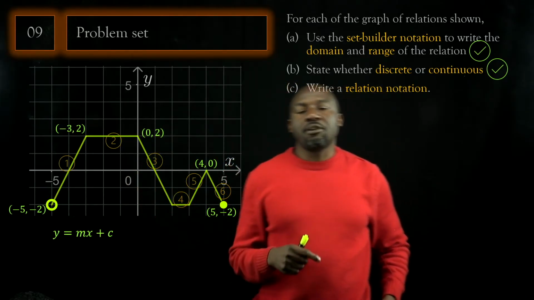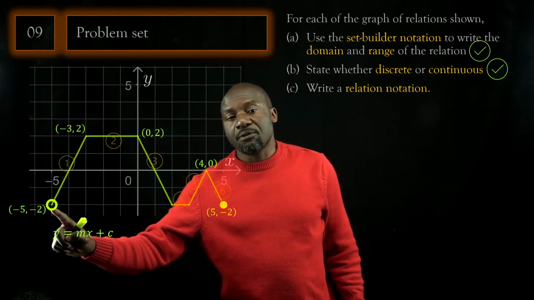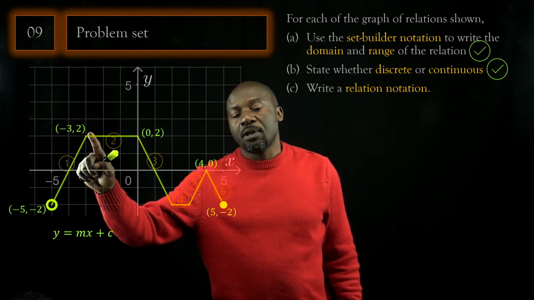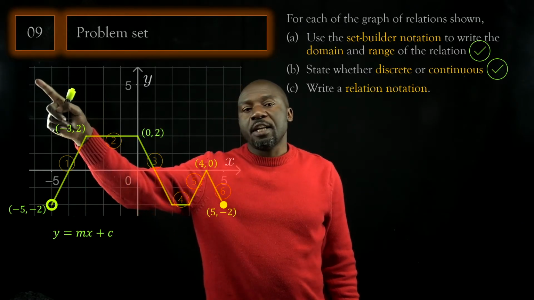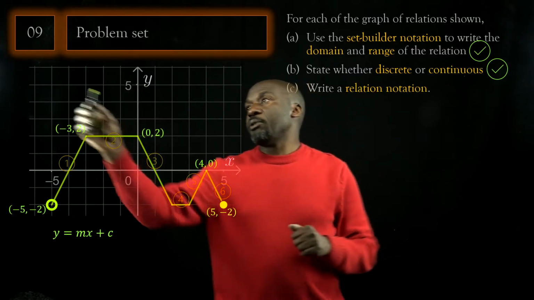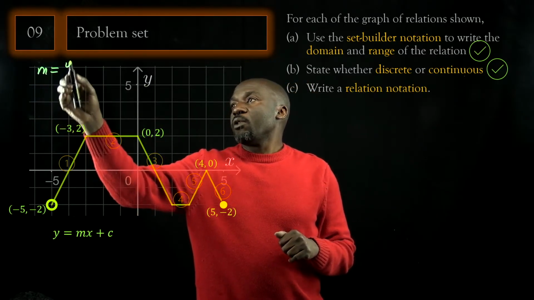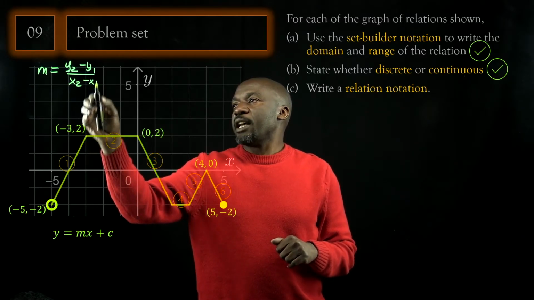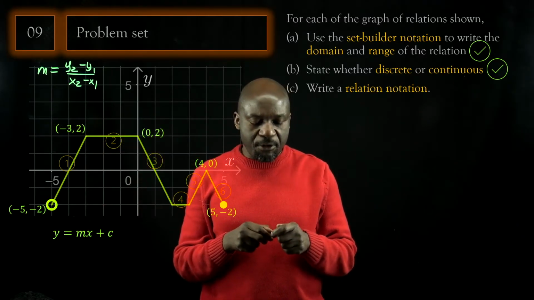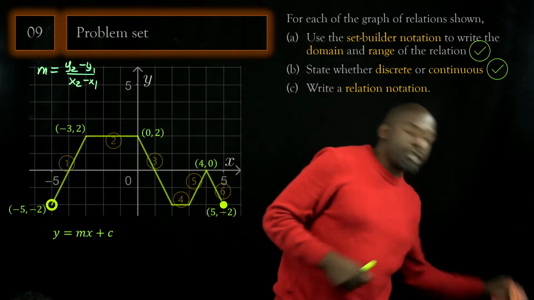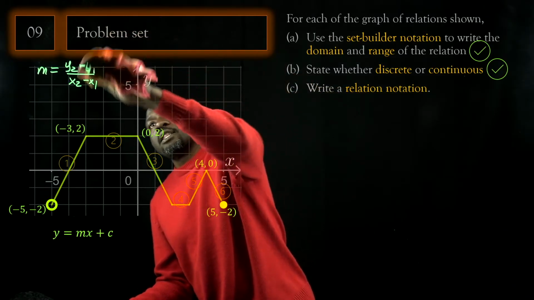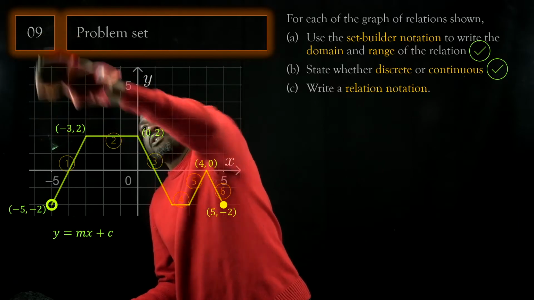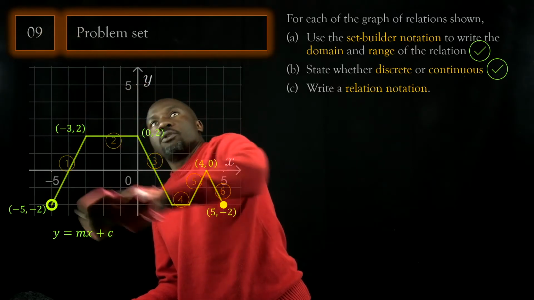But if we didn't have the grid lines, then we can make use of the 2 points that we know and use the relation: m is y2 minus y1 over x2 minus x1, and then we would use that to find the gradient. But right now we don't need to do that. We can find the gradient a little faster using those grid lines.